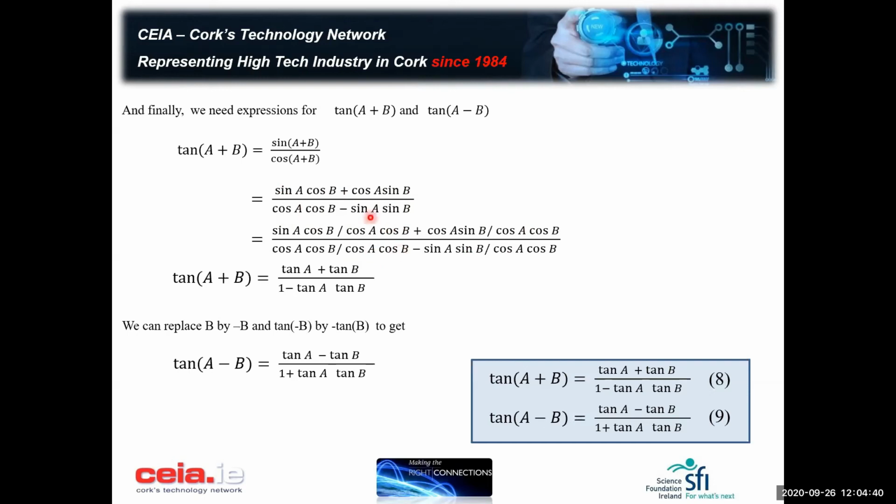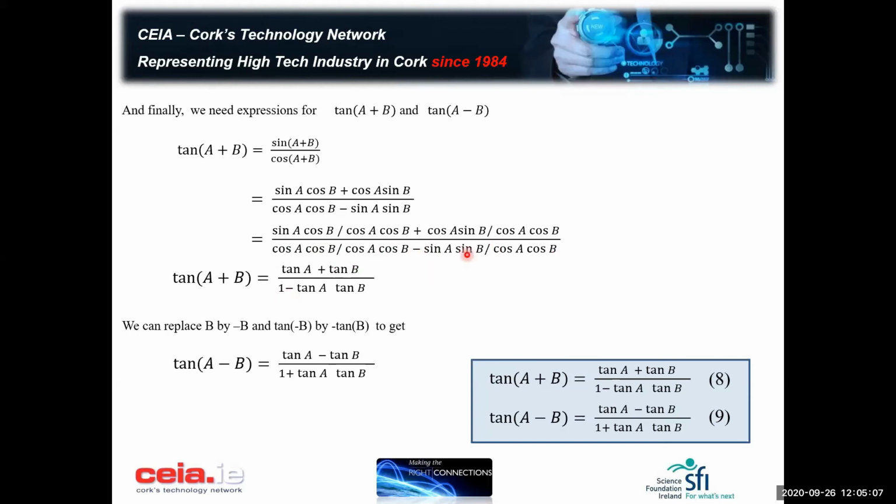We're not changing the fraction at all, but you get this term, the cosine B's cancel, you get sine A over cosine A, you get a tan A. For this term, the cosine A's cancel, you get a sine B over cosine B, which is tan B. And this down here, both terms cancel, so you end up with a 1.